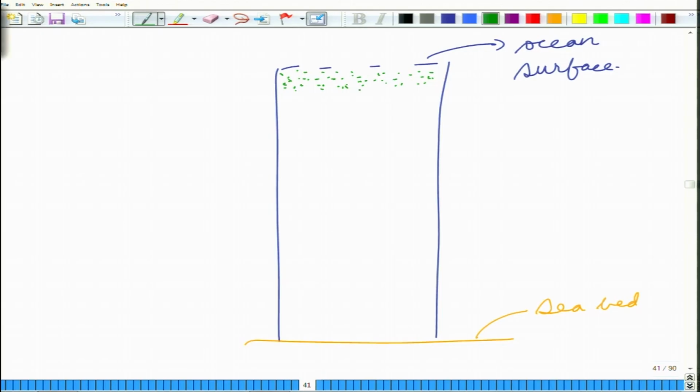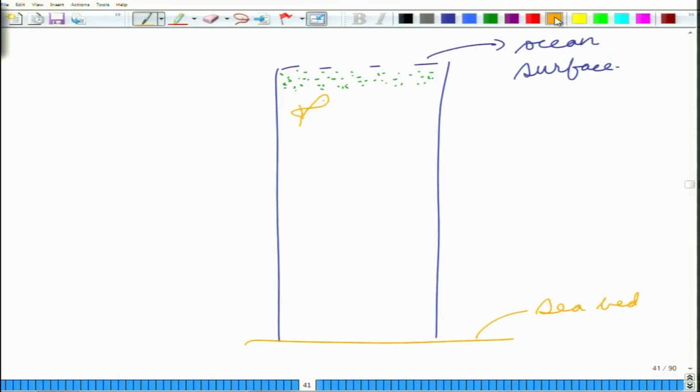Now, when they die out, or maybe there was a fish in the water and it was predated upon, and probably this small fragment of the fish remained. Now, such fragments, the dead bodies of the organisms or the fragments of these organisms, or maybe pieces of feces that are there in the organisms, because they have a greater density than that of water, they start coming down.